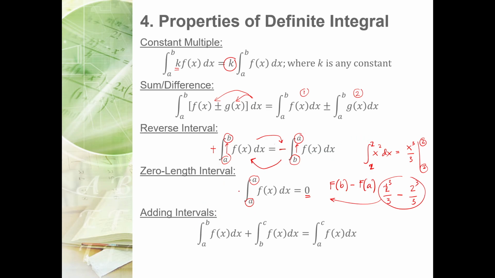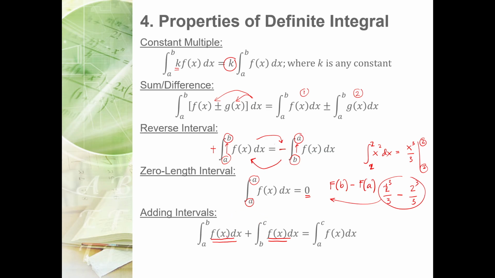You can also combine intervals, so adding up intervals. As you can see, if you have the same function, take note that the functions must be the same for you to be able to combine them.